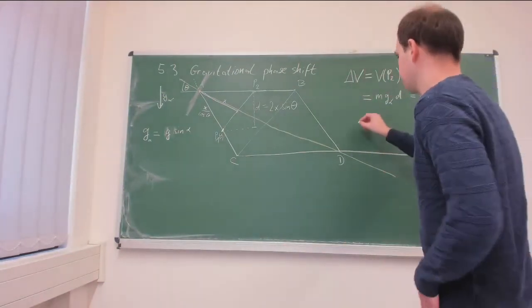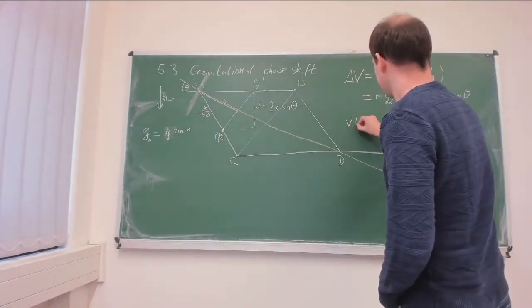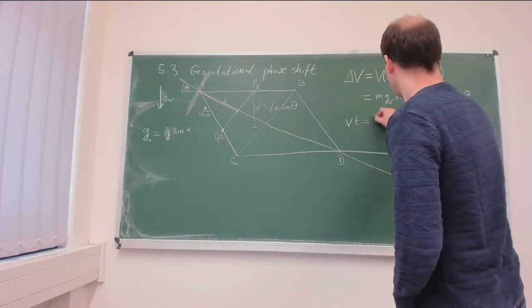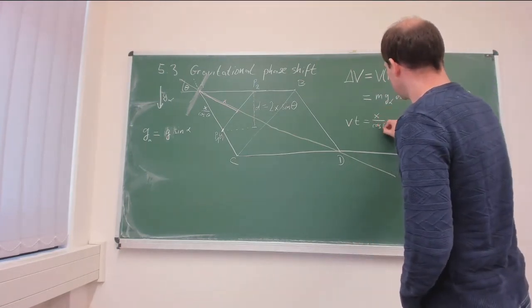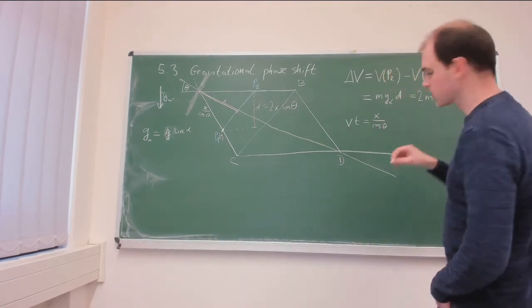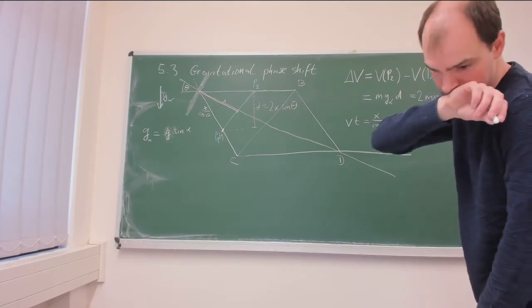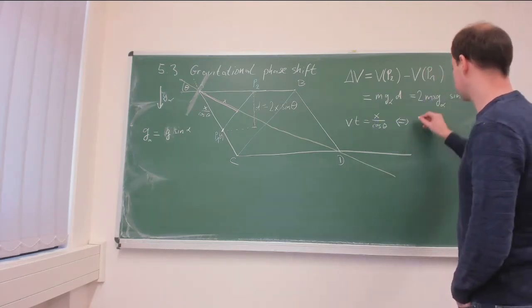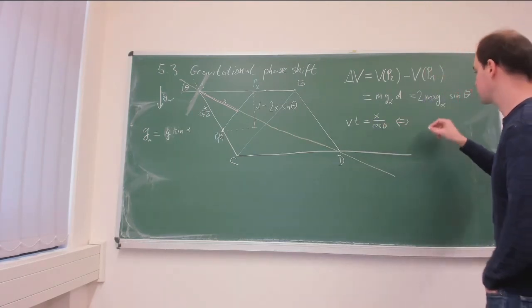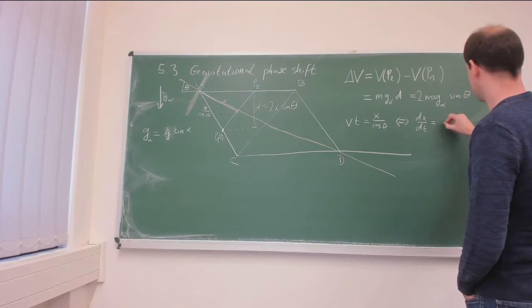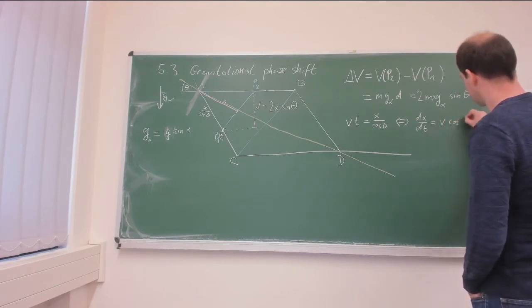So we have v times t, the distance traveled, equals x divided by cosine theta. Or we can write this, if we take the derivative of x, as dx by dt is v times cosine theta.